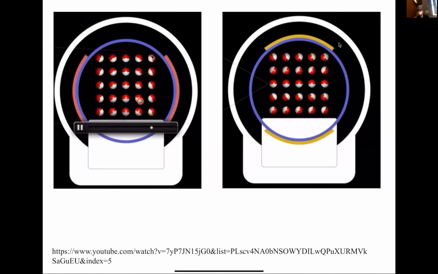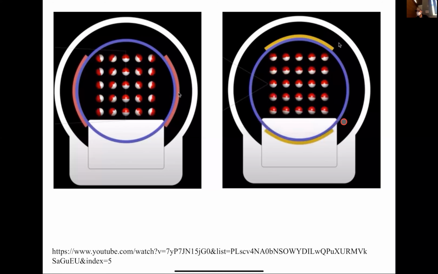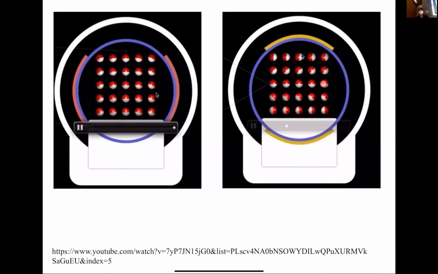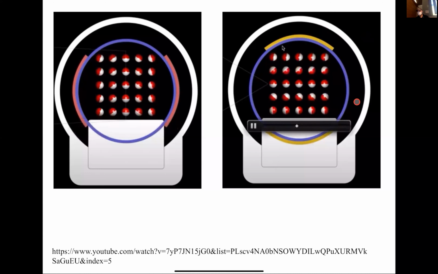Similarly here, clearly we've applied a gradient in this direction, and the spins down here are precessing faster than the spins in the middle. These spins are precessing at an equal and opposite rate, so they're in a lower field. If this had some delta B added to it, this would have a delta minus B added to it.